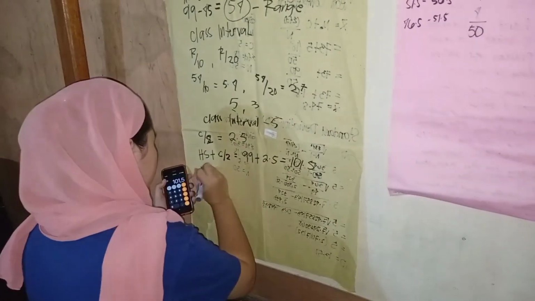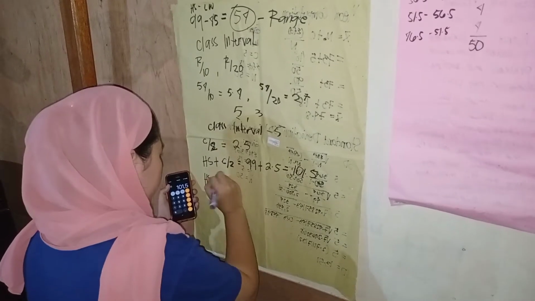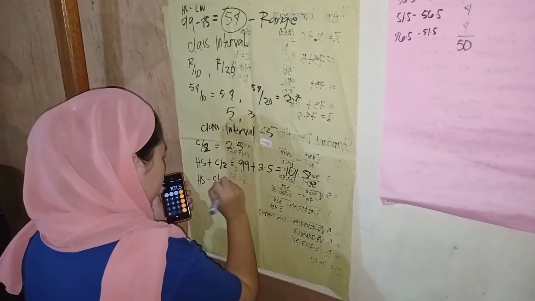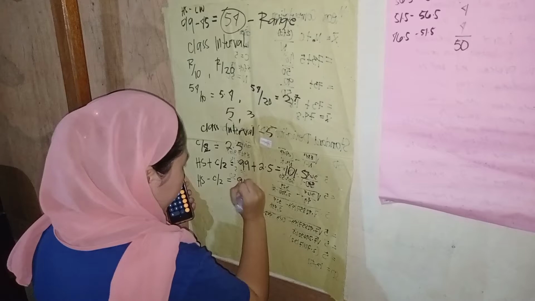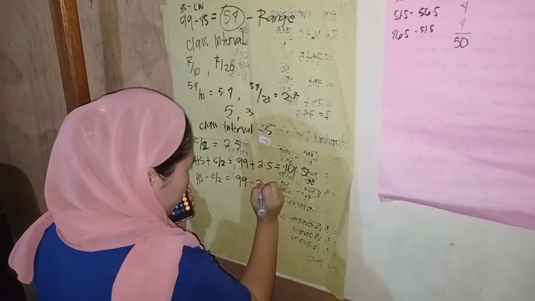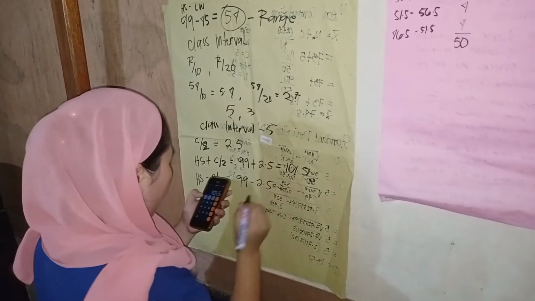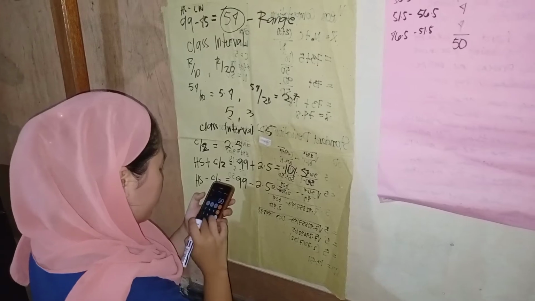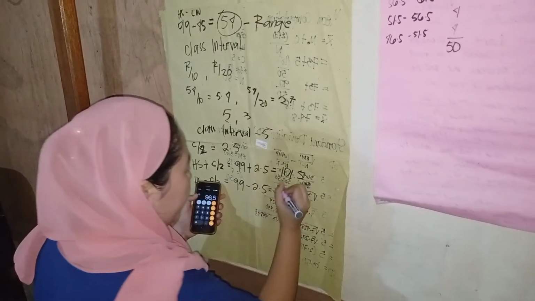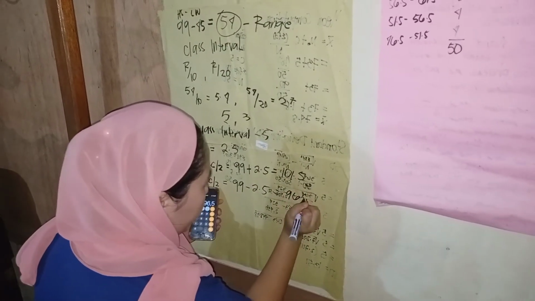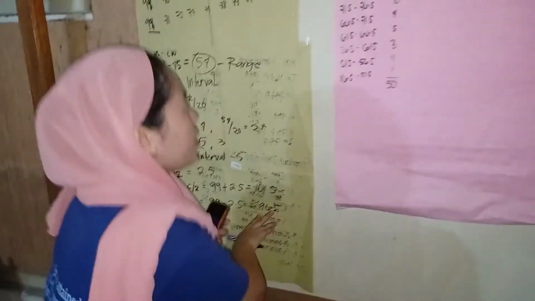And our highest score minus class interval divided by 2 equals 99 minus 2.5 equals 96.5.